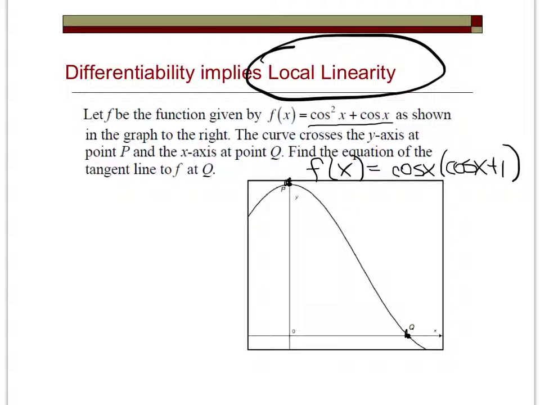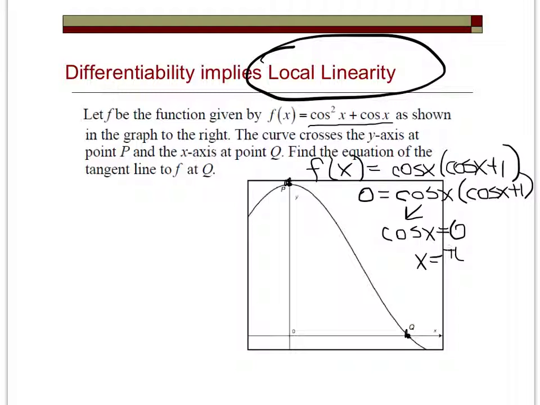Because I know here at Q, this value has a value of 0. Cosine x, when is cosine of x equal to 0? Right? We can use our zero product property. So cosine of x will be equal to 0 when x is pi-halves or 3 pi-halves. Okay, they didn't give us any labels for this. So we could say pi-halves. And when will cosine of x plus 1 equal 0?